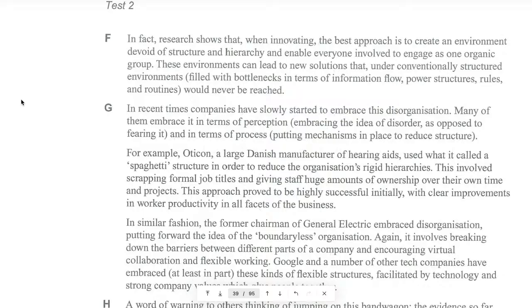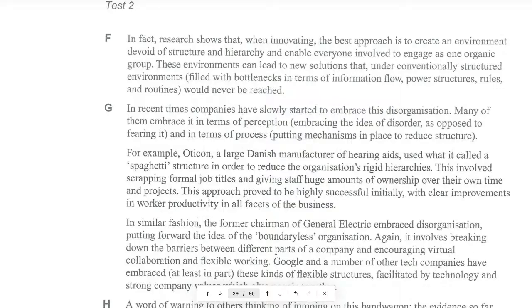New solutions. Yes, the outcomes mean new solutions in this case, because they say these environments can lead to new solutions that, under conventionally structured environments filled with bottlenecks in terms of information flow, power structures, rules and routines, would never be reached.